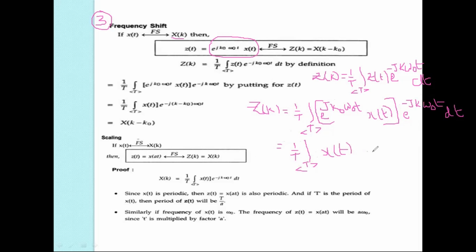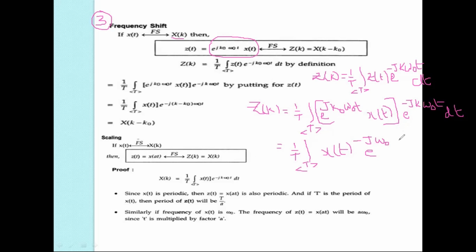Here the e power, both the e powers only. Here the j is there, here also j, so I am taking the j as a common. Here omega naught is there and the t is also there, so I am taking the omega naught, here the minus k and here the plus k naught.